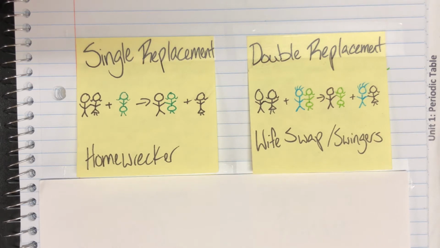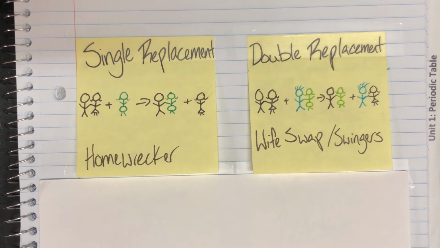Now I have two more here that are going to look a little bit different from the ones previously, as they are new types. My very first one is going to be the single replacement reaction. In the single replacement reaction, I am going to have a couple plus a single person going to a couple plus a single person. And I like to call this relationship the homewrecker.